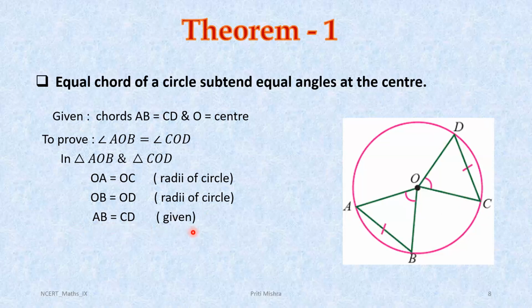So on the basis of these 3 points, we can say triangle AOB is congruent to triangle COD by SSS rule. As we have proved here, these 3 sides are equal.